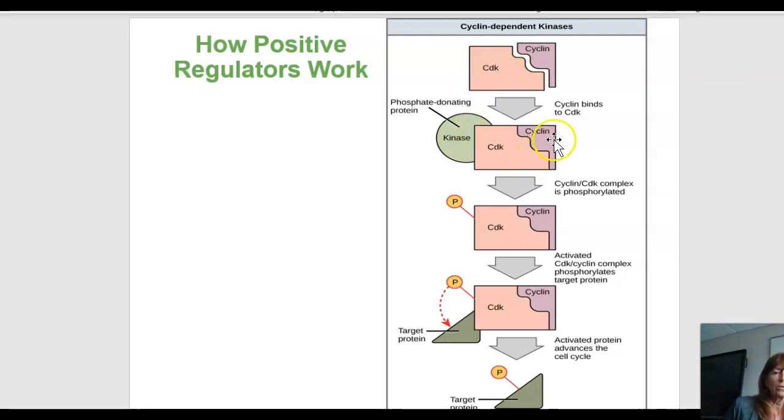So here, when we get cyclin binding to CDK, we get kinase activity. So we're going to get a phosphate group on it. And then that phosphate group that's on this kinase can phosphorylate, in other words, donate that phosphate to some other protein, which ultimately is then going to cause the cell cycle to move forward.